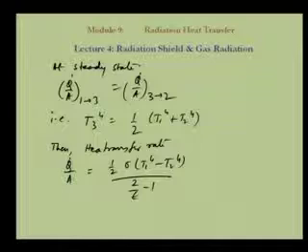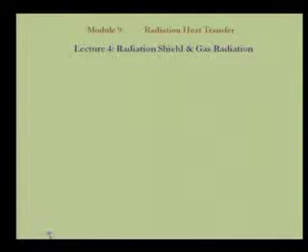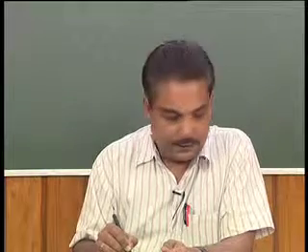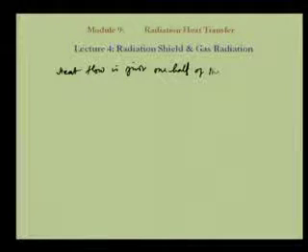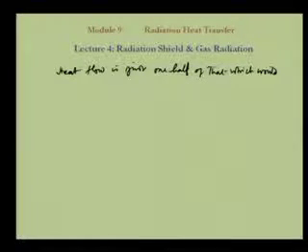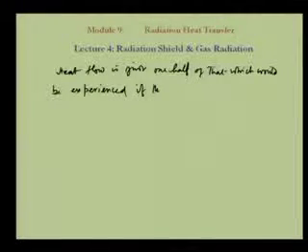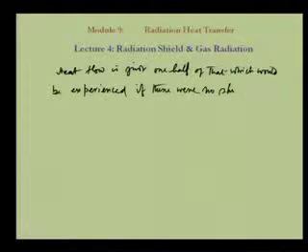So, what we can say is that, just by putting the shield, the heat flow rate is just 1/2 of that which would be experienced if there were no shield present.